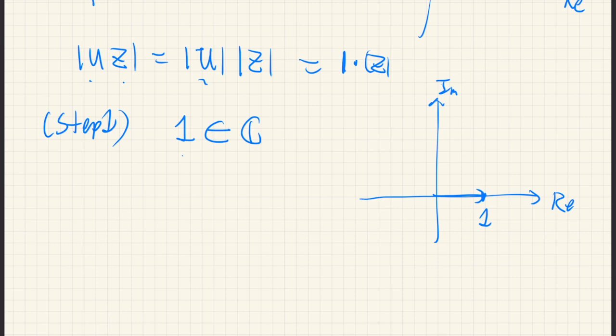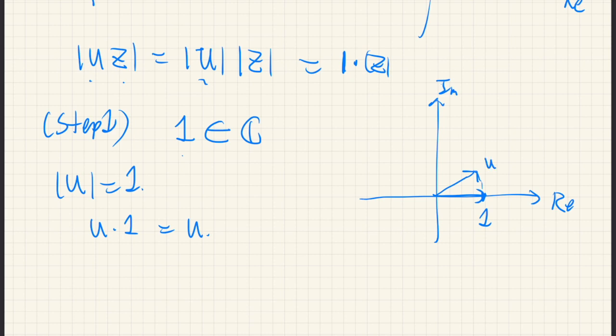And if we multiply by any complex number u with unit absolute value, then u times 1 is equal to u, of course. So if we have u here, u's length is 1, so it shouldn't be this long, but this long, the same length.